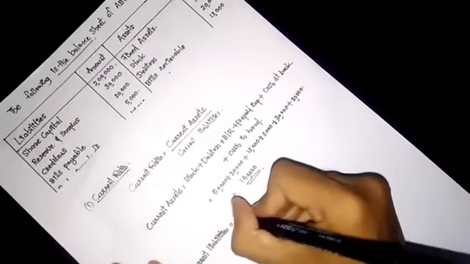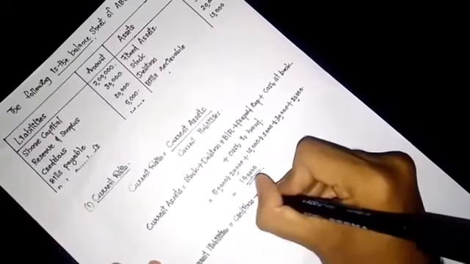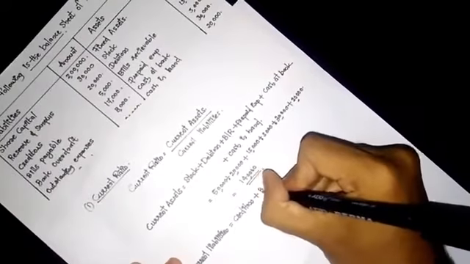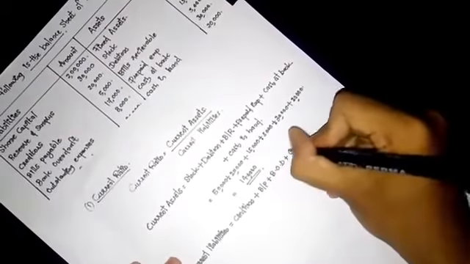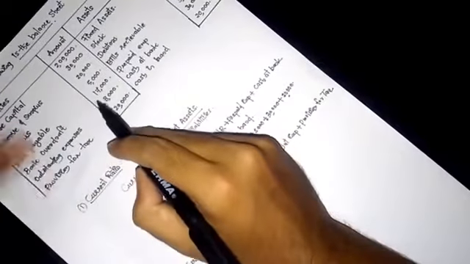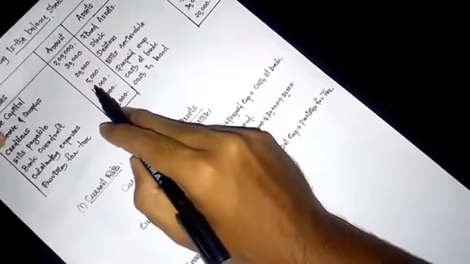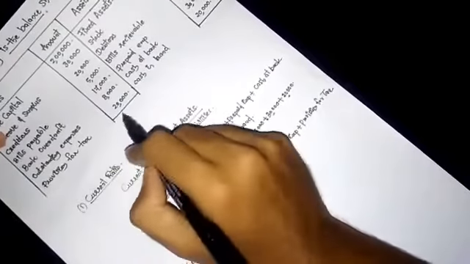Current liabilities is equal to creditors plus bills payable plus bank overdraft plus outstanding expenses plus provision for tax. That is equal to creditors 20,000 plus 5,000 bills payable, bank overdraft 17,000, outstanding expenses 8,000, provision for tax 20,000.